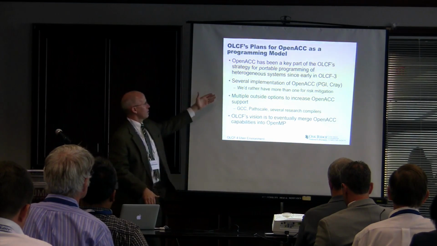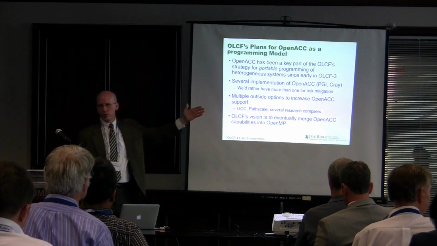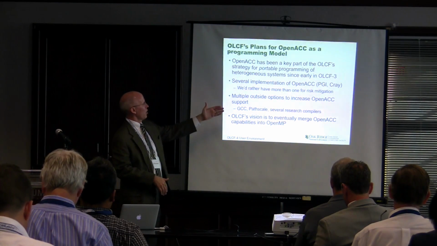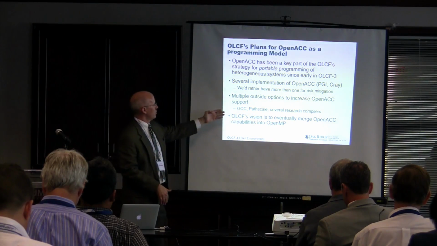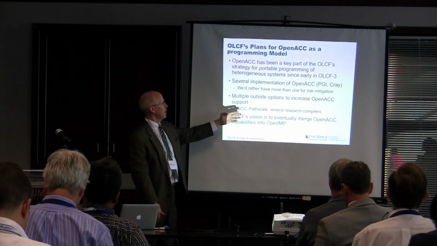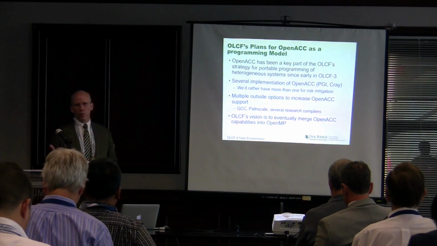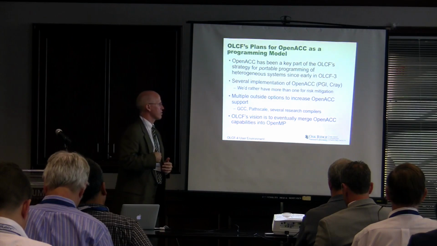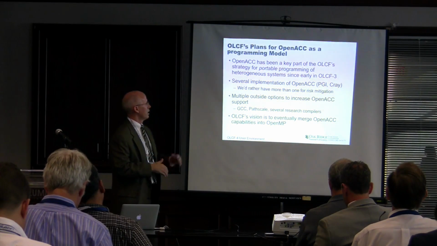We'd rather have more than just one for risk mitigation, for sure, right? Multiple outside options to increase OpenACC support. GCC is a new option. Petascale is an option. And then several research compilers like the one at the University of Houston. These are all part of the ecosystem that we view as very important.